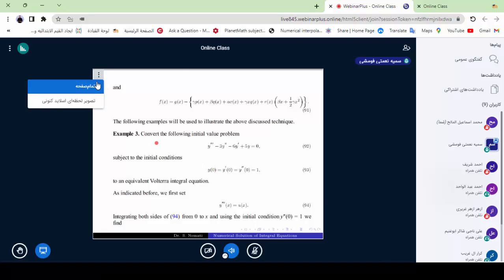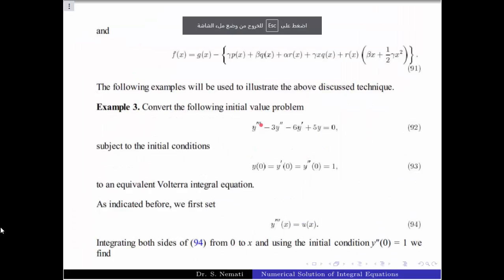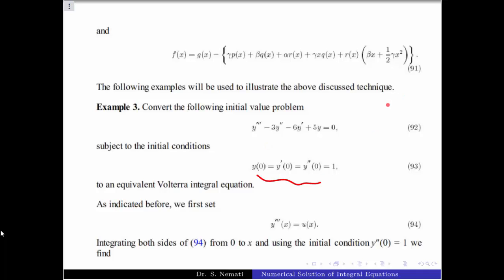Okay. Let's continue. The next example, once again, is an ordinary differential equation with order 3 with 3 initial conditions, and we want to obtain the equivalent Volterra integral equation. As the previous example, we suppose that the third order derivative of y equals u of x.